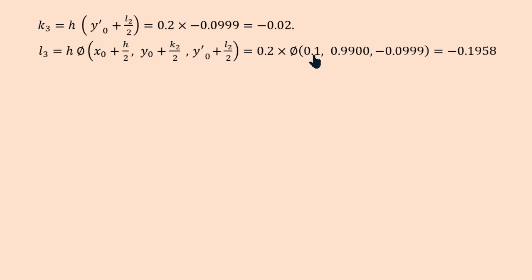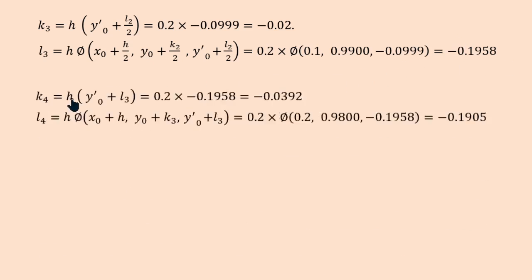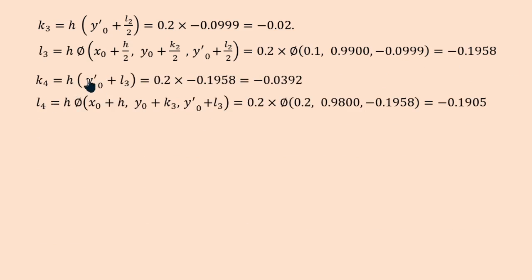So 0.2 into 0.1, so inside the bracket 0.1 into 0.0999 square, minus square is plus, and then minus y square, that is 0.99 square, and close the bracket, we get this one.